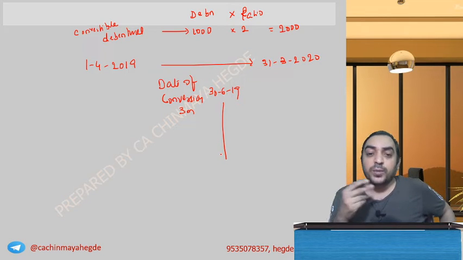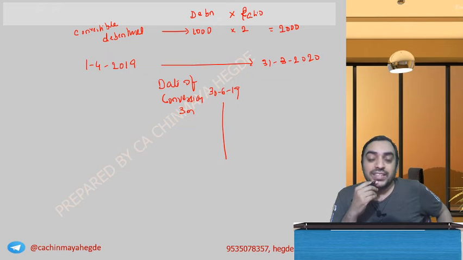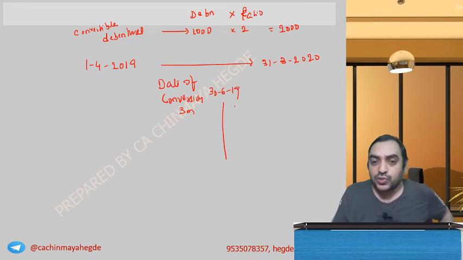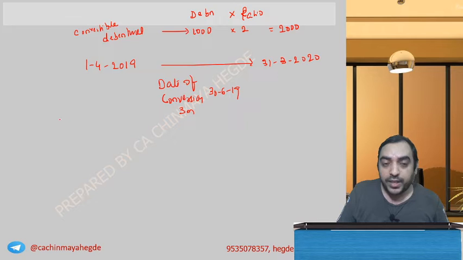Can you tell me? Convertible debenture, where will you consider it in basic EPS and dilutive EPS? Can you tell me in this case?